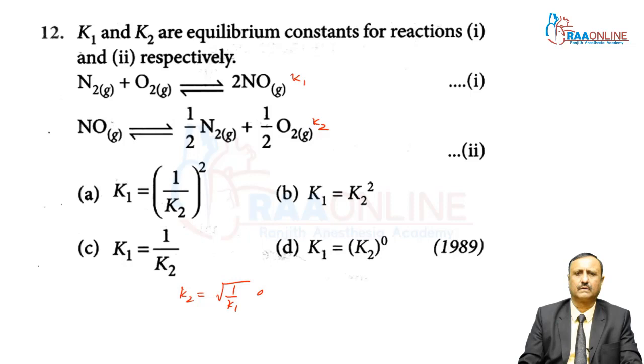Another way you can say it is K1 is equal to 1 upon K2 square. This K1 is equal to 1 upon K2 square. So for question number 12, the answer is A.